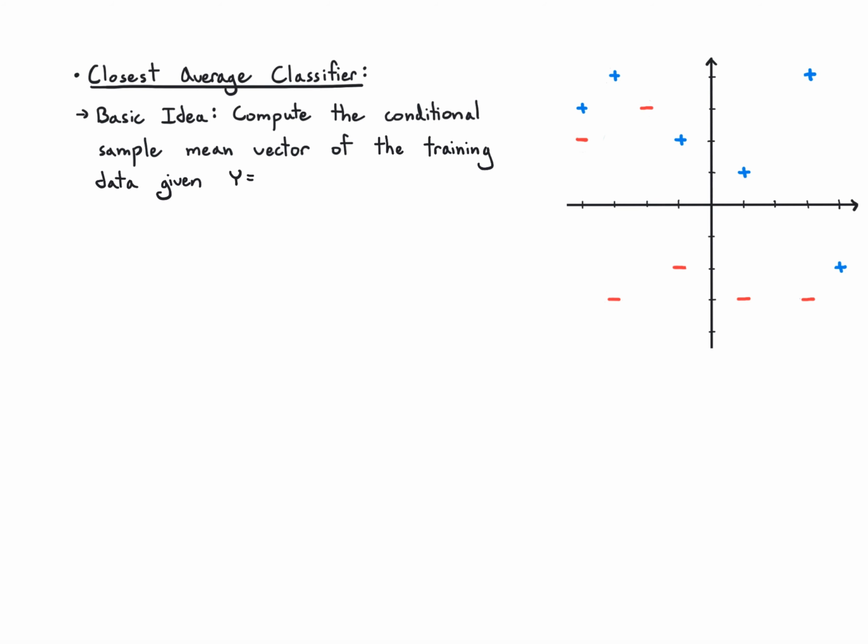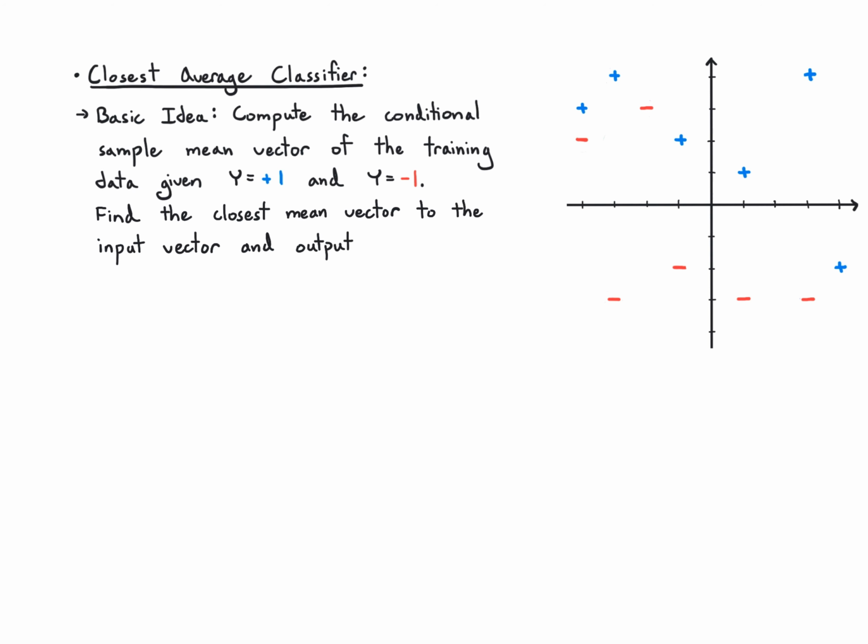In this case, I only have y equals +1 and y equals -1. And then I find the closest mean vector to the input vector, and I output the label. Okay, so it's basically like this nearest neighbor classifier, except instead of going example by example to find the closest thing, I compute the mean, the center of mass of the training examples for +1, and I compute the mean under -1. And then I just decide which of those two means is the closest to what I see.